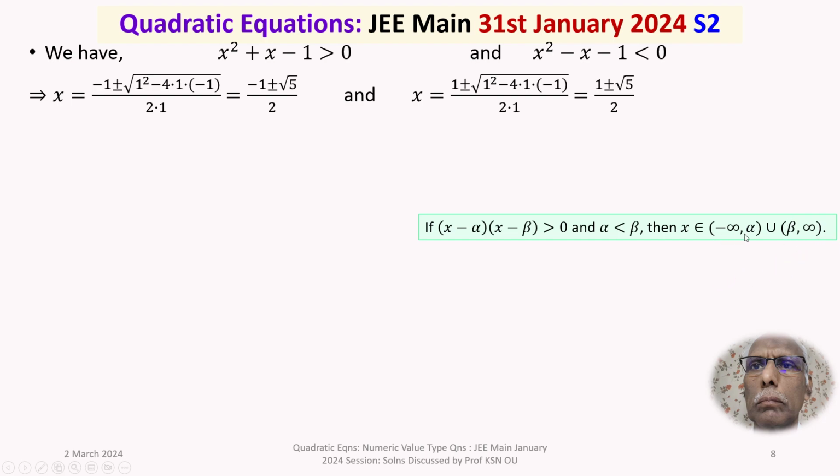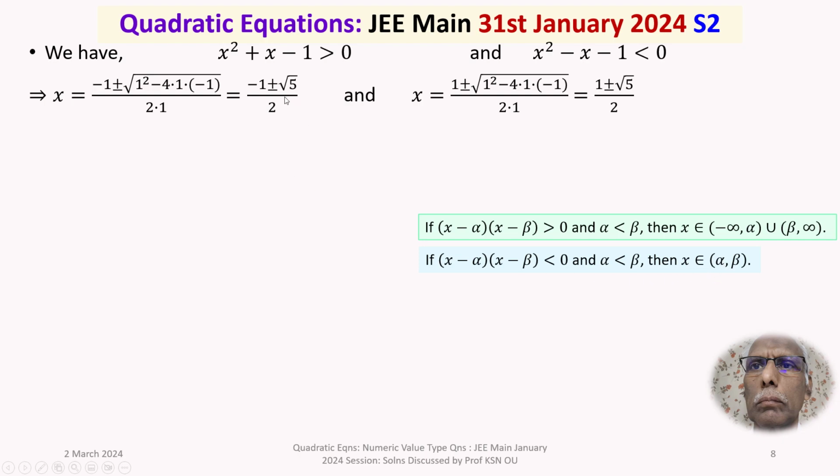And in this case also, it will be x minus alpha into x minus beta, where alpha less than beta. Because it is less than 0, x square minus x minus 1 less than 0, while the above one is greater than 0, x will belong to the open interval alpha to beta.